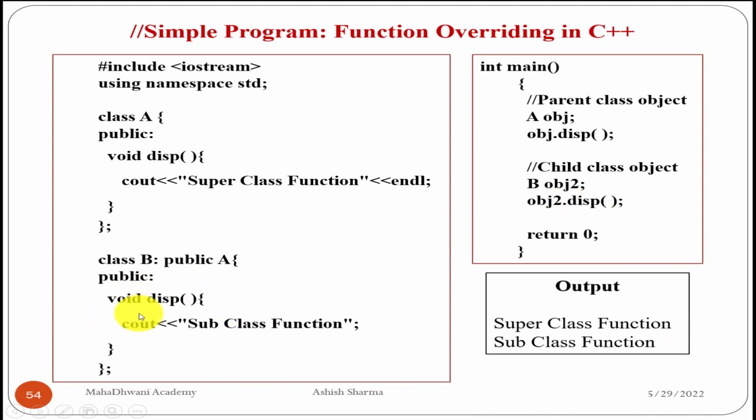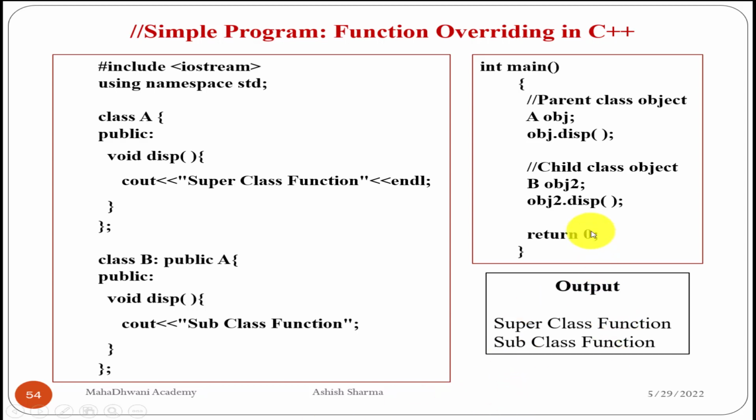So it is showing the result for the second subclass function. We have seen here the object of class A is accessing the class A member function disp, and the object of class B is accessing the second derived class member function disp.